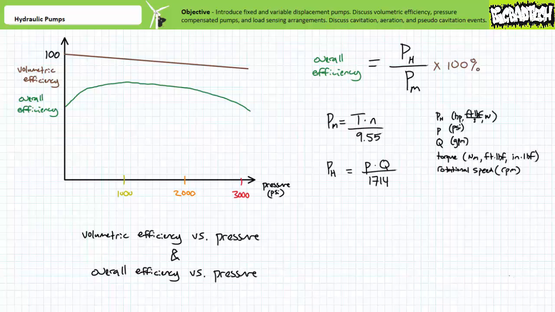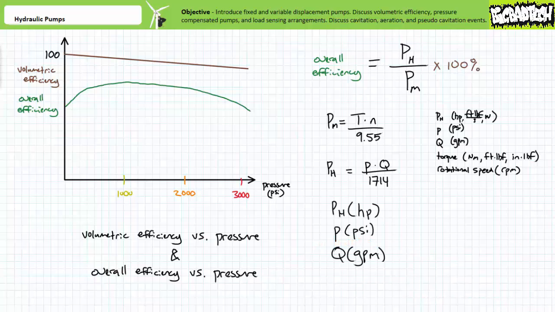The unit conversions for this are extremely messy, since power can be expressed in units of horsepower, foot-pounds force per second or watts. Pressure can be expressed in units of psi, Pascal or bar. Flow rate can be expressed in gallons per minute, cubic inches per minute, or liters per minute. And torque, a twisting force, can be expressed in units of newton meters, pound force, or inch pounds force.